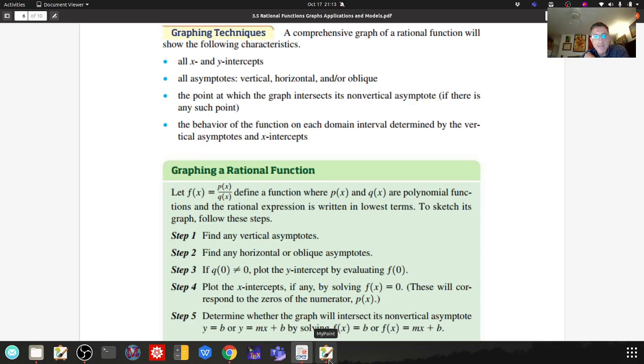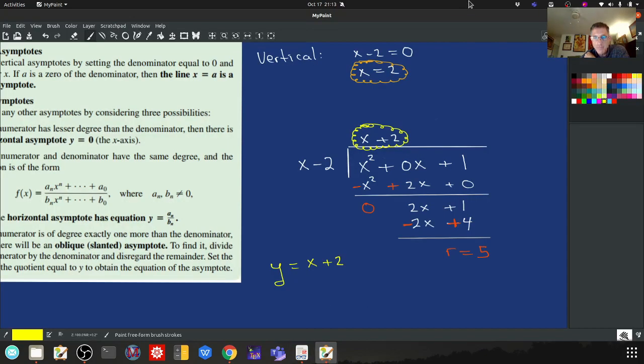If a graph intersects that, as in this case, the graph is f of x equal to, what was it, x squared plus 1 over x minus 2.